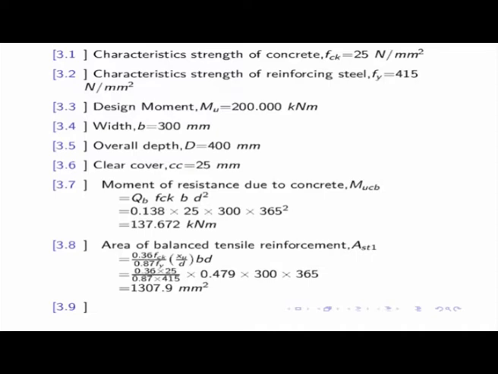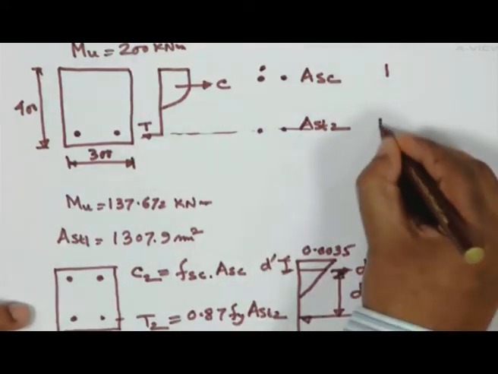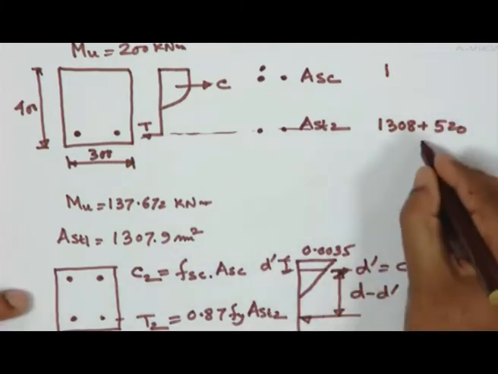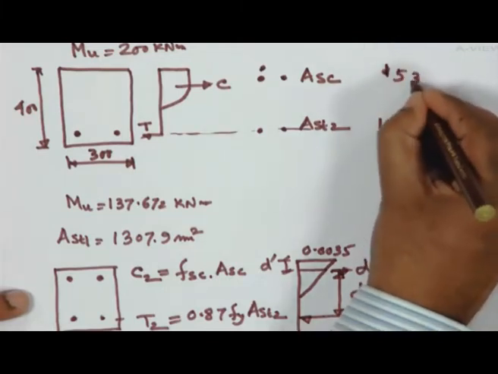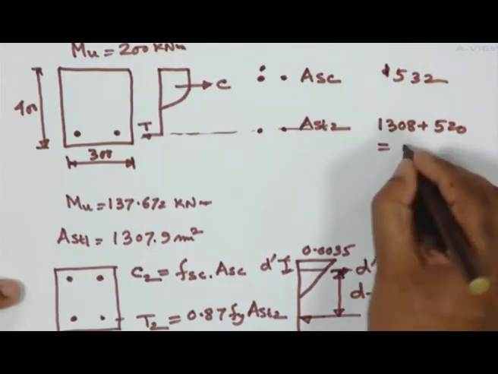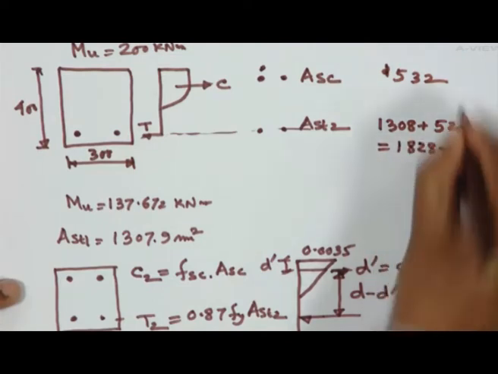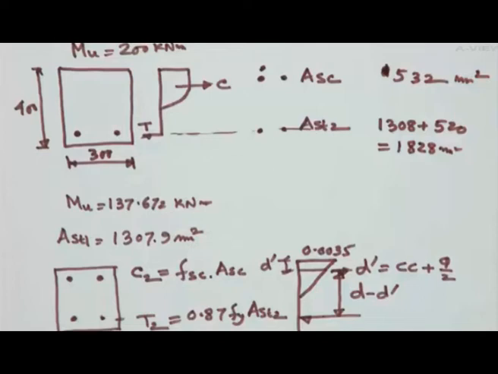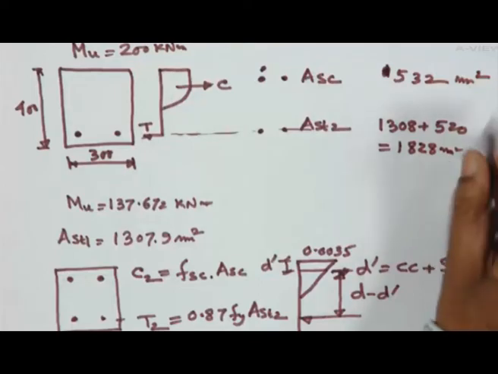So you require tensile steel of 1308 plus 520, which I am getting here as 1828 square millimeter, and this one I am getting as 532 square millimeter. So I have stopped here with this particular 1828.